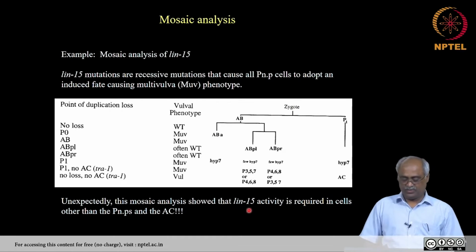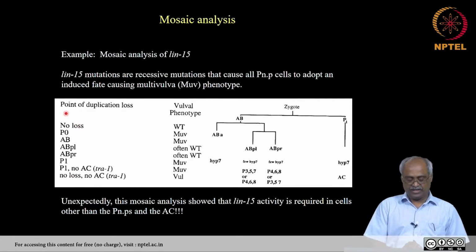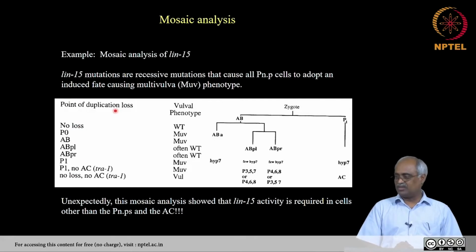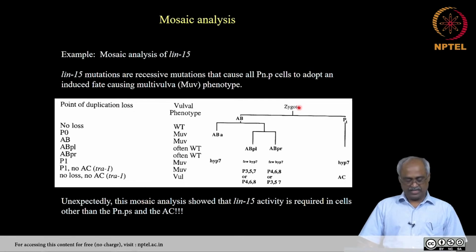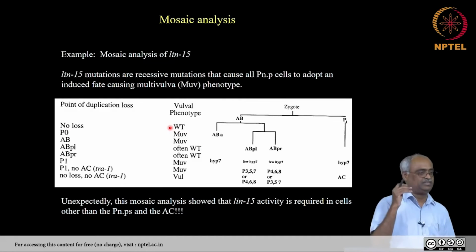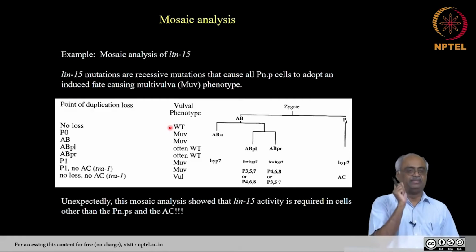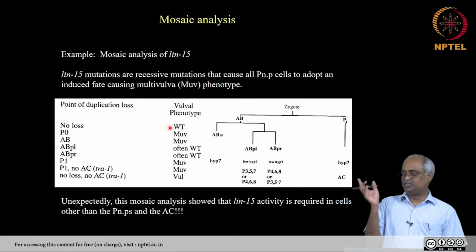Now, you follow from zygote, and you are seeing at what point the duplication is going to be lost, and you look at the phenotype. You start with zygote, and let us say nowhere is it lost in the entire embryonic lineage, your duplication is not lost. You did not find a cell where the nucleolus was enlarged.